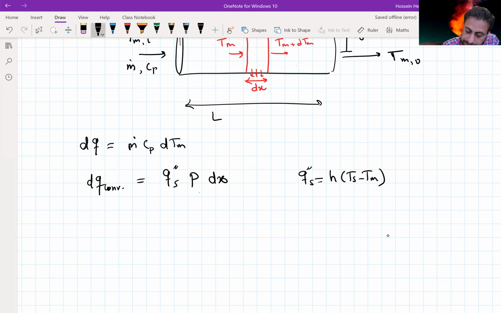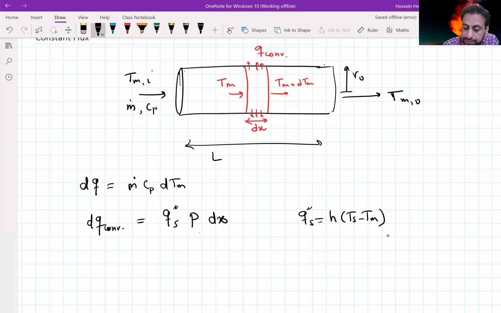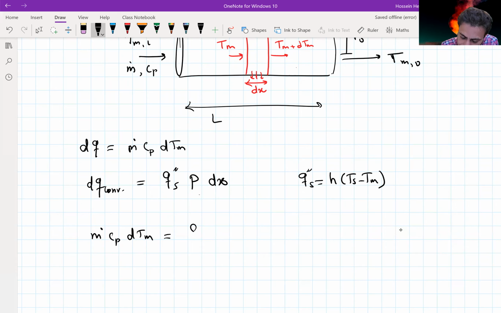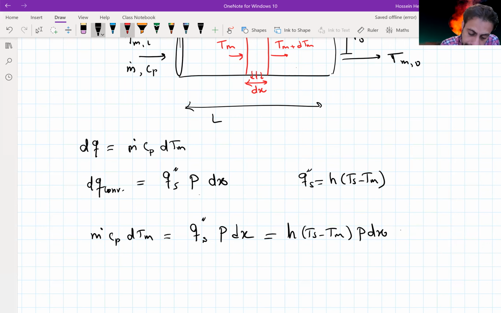Now, if I make them equal to each other, the change of the energy and the heat that has been transferred, the energy balance for this small element dx gives m dot cp dTm equals q double prime s P dx, which is equal to h (Ts minus Tm) P dx.